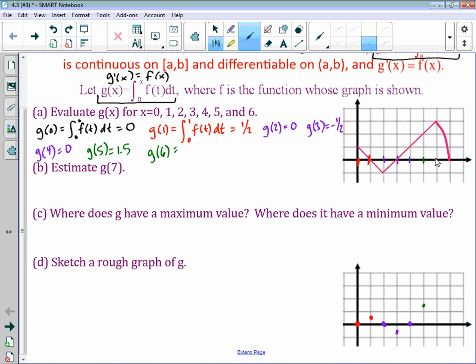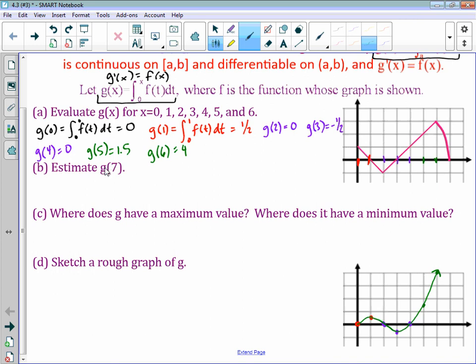I'm just doing these as I go. So part D we can really do with what we did in part A up here. We've got our values at those different spots, and then we could sketch our graph in there. I'm not very good at sketching on this thing sometimes, but it's a rough sketch, so that's okay. So a rough sketch of that would look something like this, right?